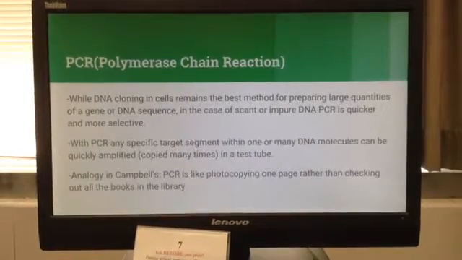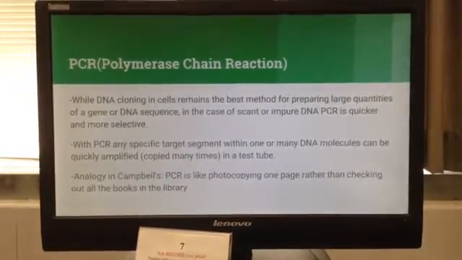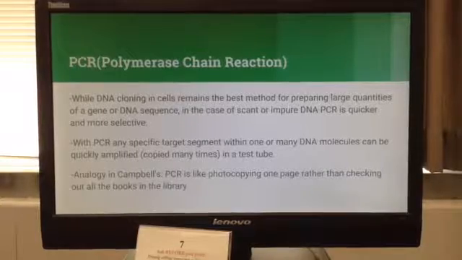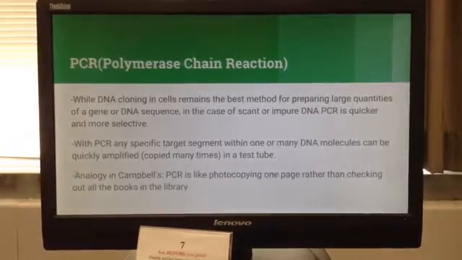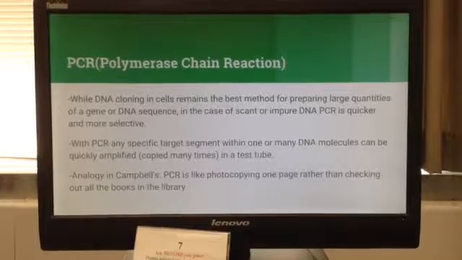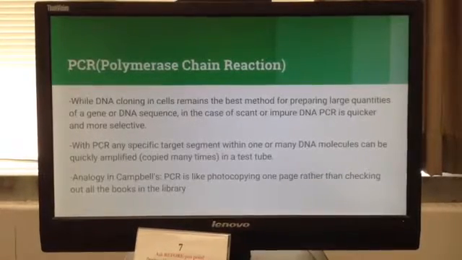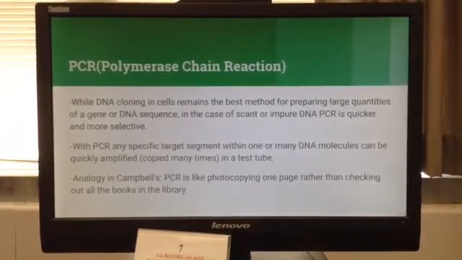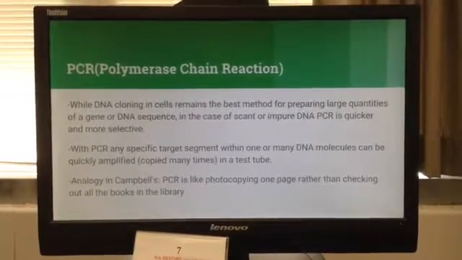However, PCR does have its drawbacks, as it can sometimes make incorrect replications of DNA sequences, which is why cloning remains superior. With PCR, any specific target segment within one or many DNA molecules can be quickly amplified, that is, copied many times in a test tube.